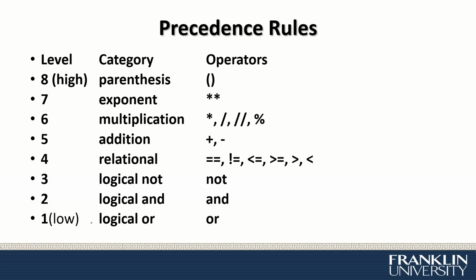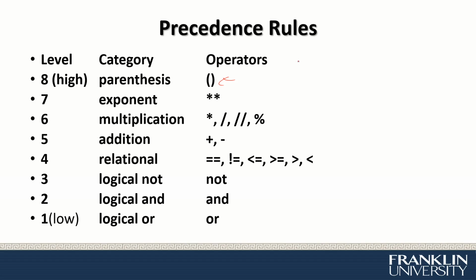The precedence rules. Now that we have learned about the logical and relational operators, and we have learned the arithmetic operators before, these are the precedence rules in Python. The highest are the parentheses, then the exponentiation, multiplication and division, addition and subtraction, relational, logical not, logical and, and then logical or.